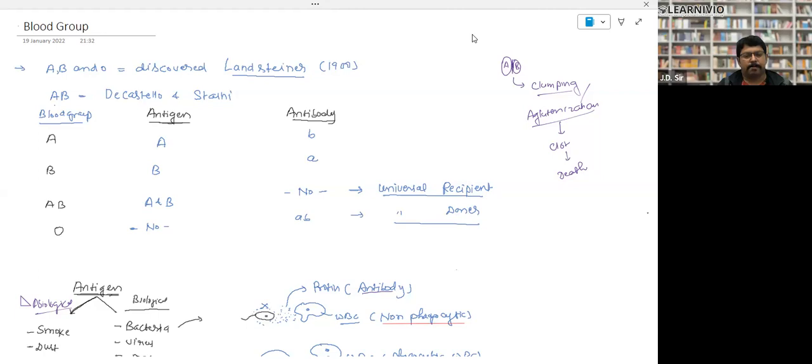Antigens are present on our red blood cells, the antigens and antibodies. The antibodies are released by the antigen.